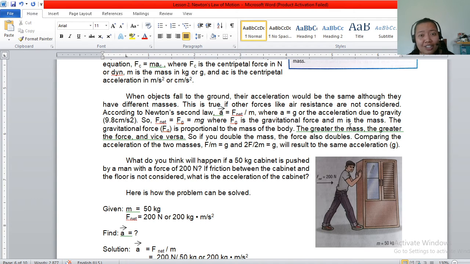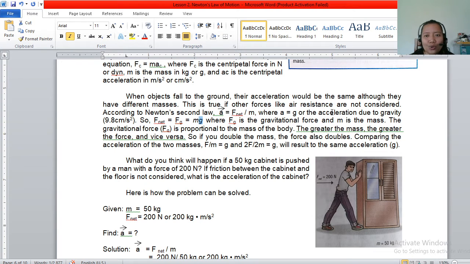We mentioned earlier that the constant gravity is equivalent to 9.8 meter per second squared. So, the net force is equivalent to gravitational force, which is mass times gravity, because we will not use any other value for acceleration except the constant gravity of 9.8 when it is vertical.